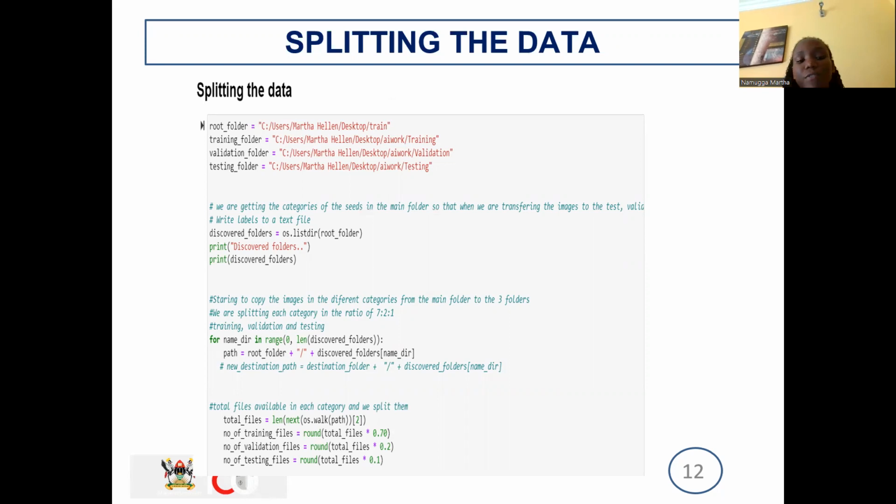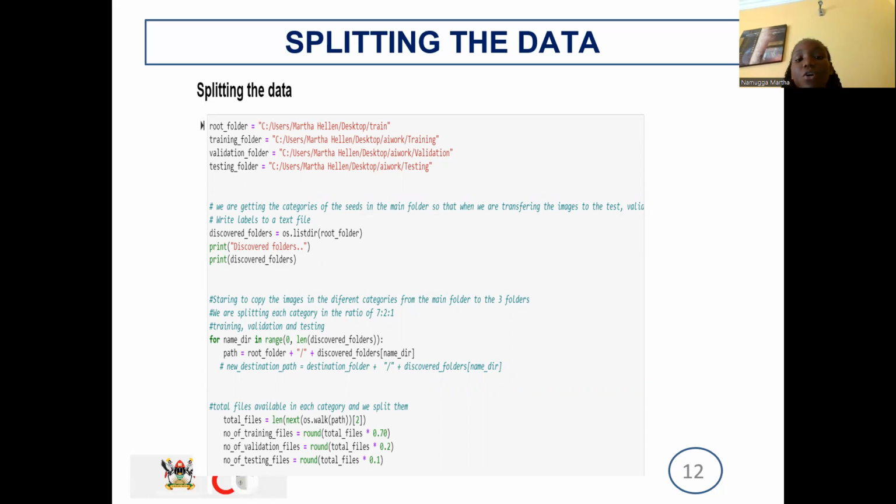So this is what I used to split. I have my root folder that carried all the images, and I had to split it into 3: training, validation, and testing. Inside the main folder, I have other folders for the different categories of the seeds: green, medium, light, and dark.